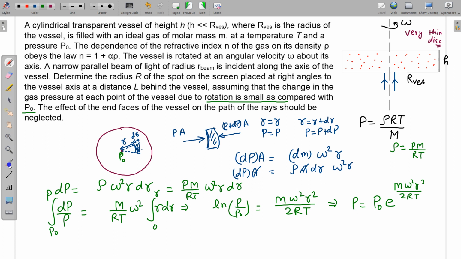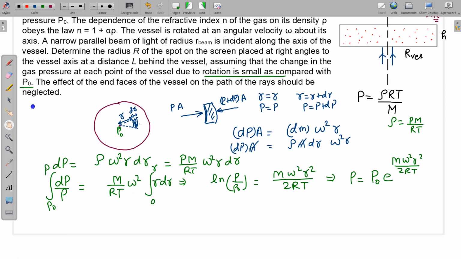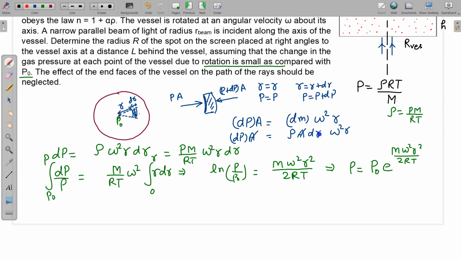Now here we can apply the approximation. How can we apply it? This is M omega square r square by 2RT, and if we expand this, then P is equal to P naught times 1 plus x plus x square by 2 factorial and so on, as e raised to power x.